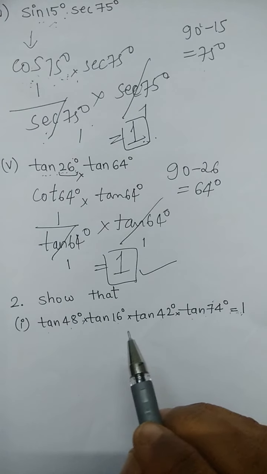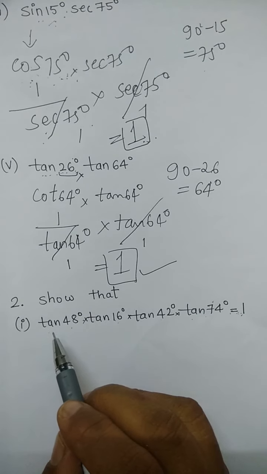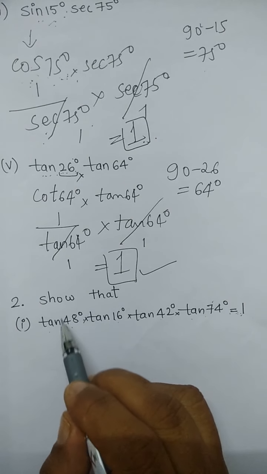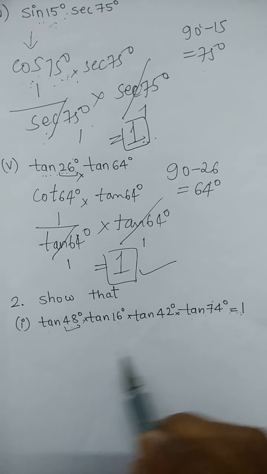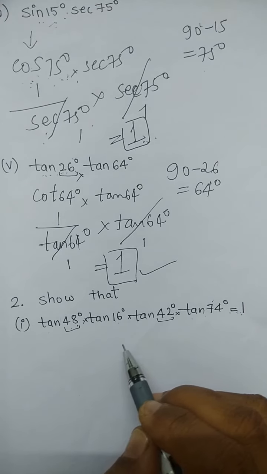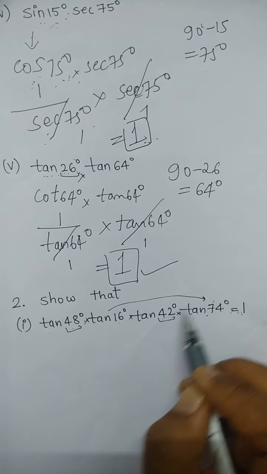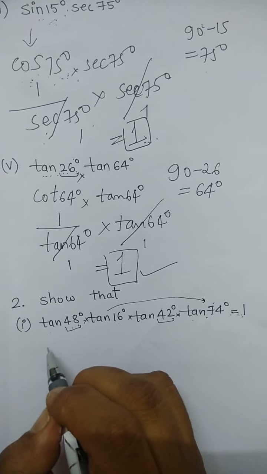You have to do a little bit of arrangement of these. How to do arrangement? See, what are the angle measures whose sum is 90 degree? 48 degree plus 42 degree will give you 90. And 74 degree and 16 degree will give you 90. So whose sum is 90, those you write together.